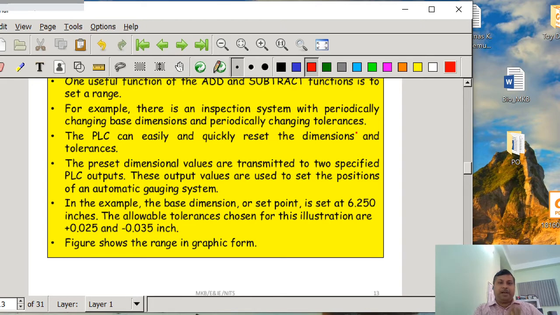We know that if we have a base dimension x and the tolerance is plus or minus y, and x and y change periodically, then if we want to know the results x plus y and x minus y for a particular measurement, we can take the help of the addition and subtraction operations of the PLC.